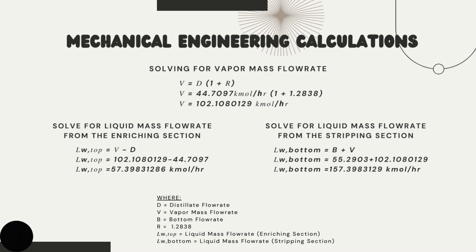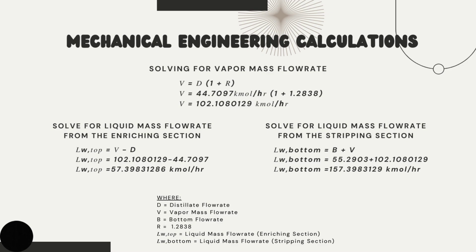So let's dive in, first solving for the vapor mass flow rate. Here you can see that the vapor mass flow rate is represented by V and is equal to the distillate flow rate multiplied by 1 plus the constant 1.2838.